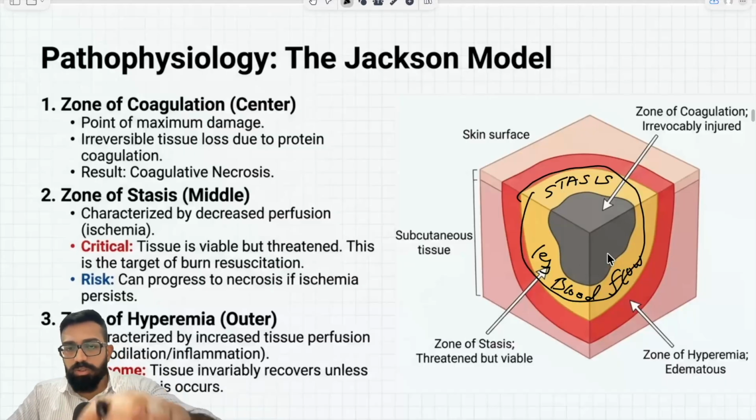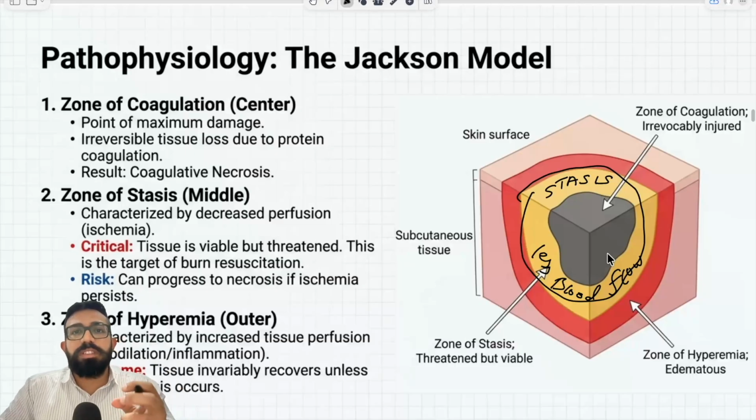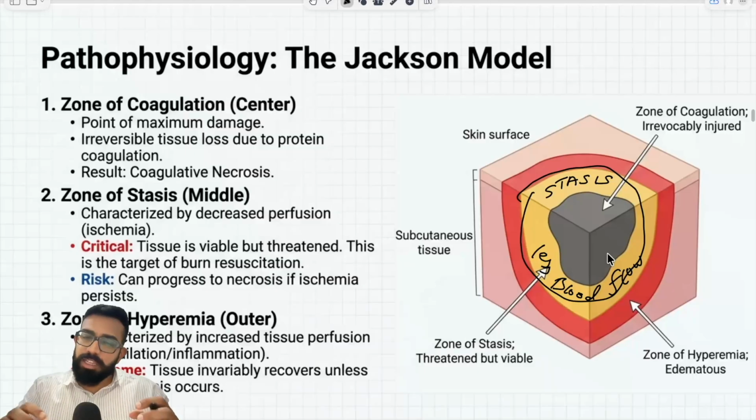Now, this zone of stasis is much more important for the surgeon because this is the salvageable tissue. Salvageable just means savable. It means that if the surgeon does the treatment on time, then this circle can be saved. Otherwise, this circle will be lost.